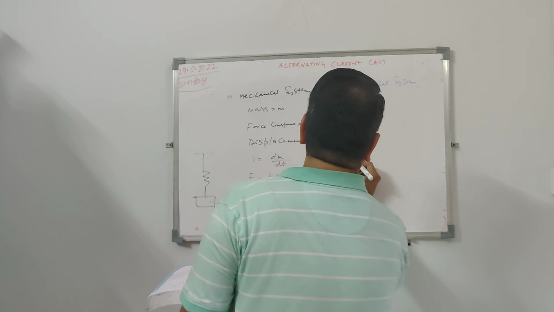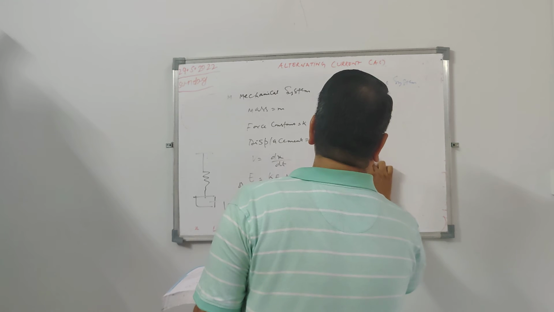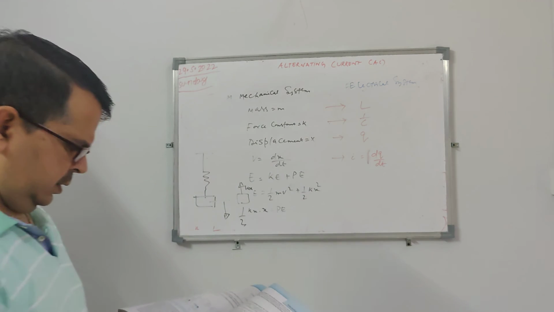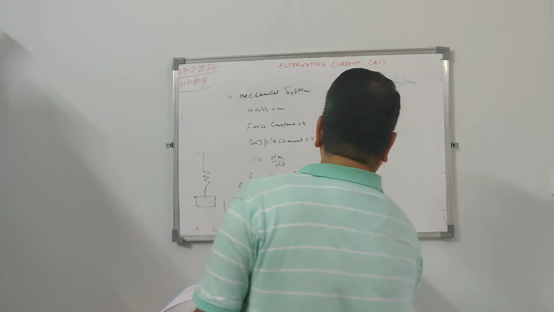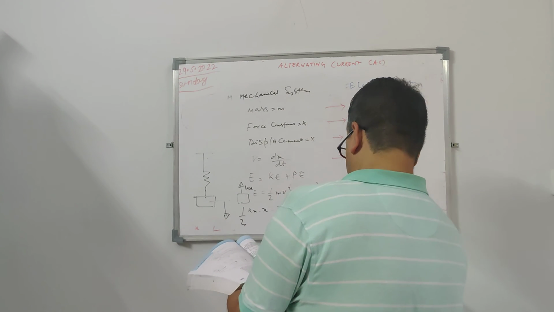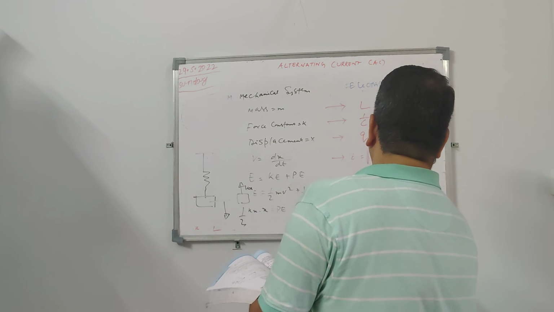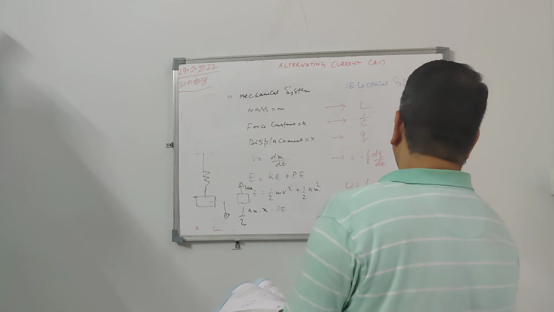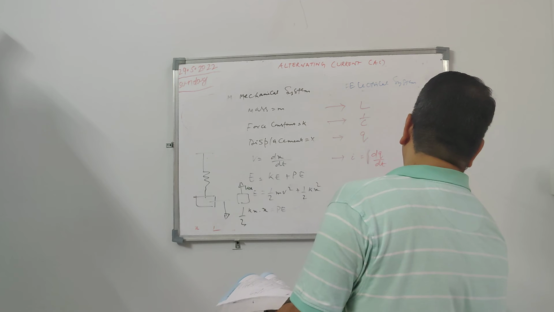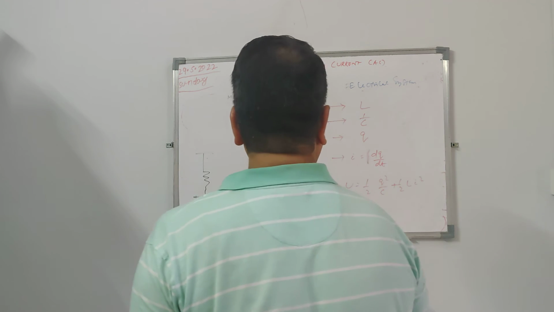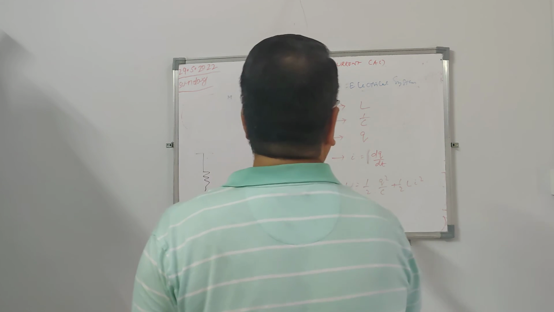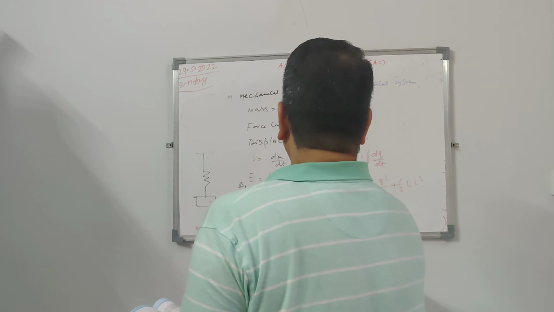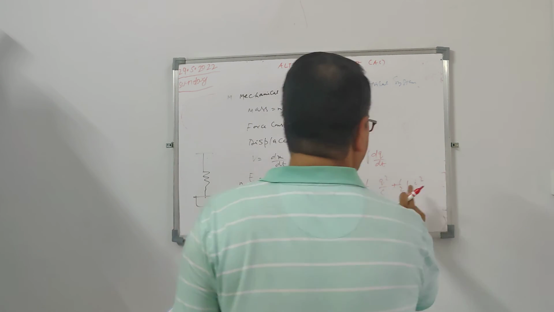Current I is equal to dq by dt, and your total energy is equal to half q square by C plus half L i square. So instead of m you are writing L, and instead of velocity you are writing current.